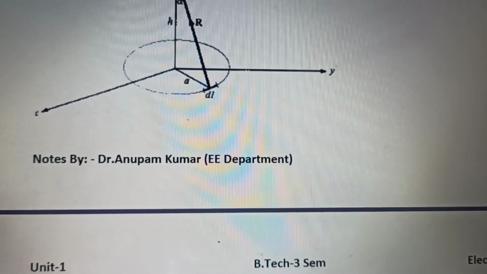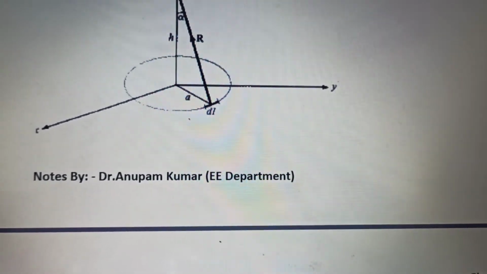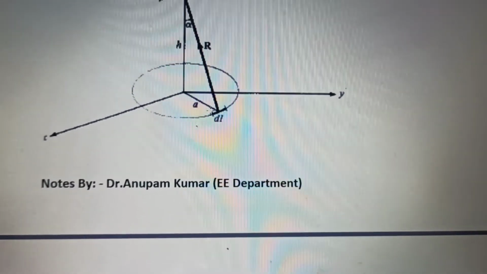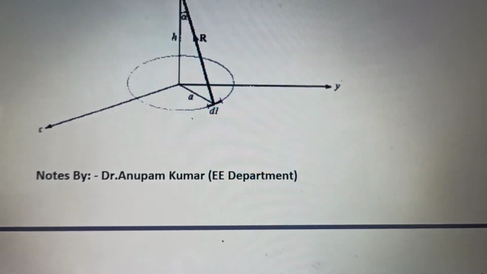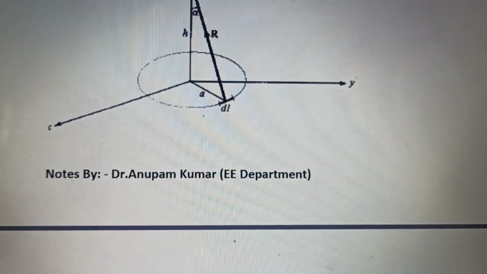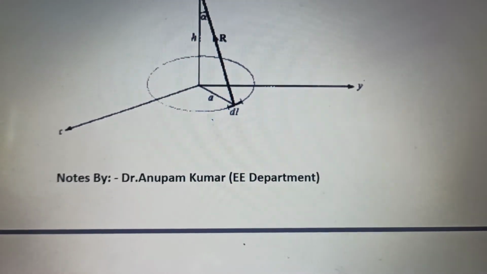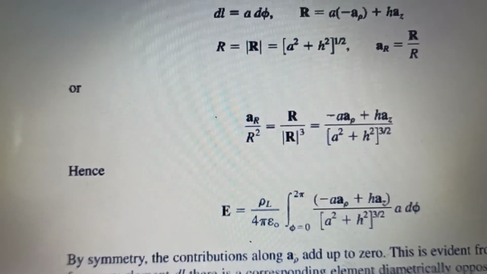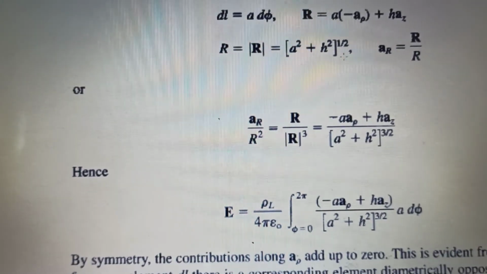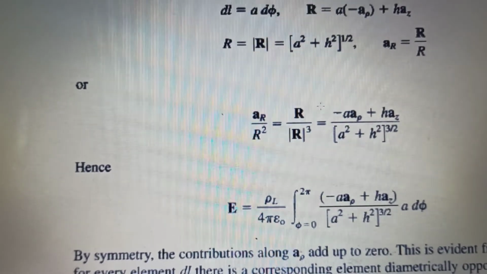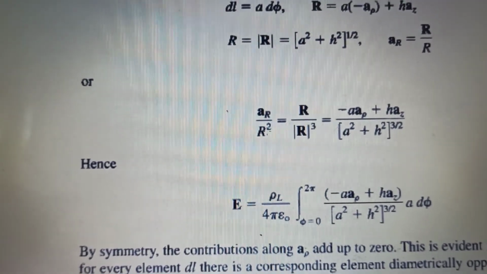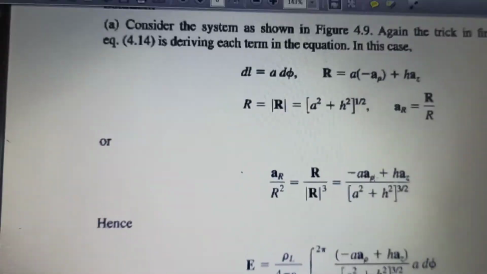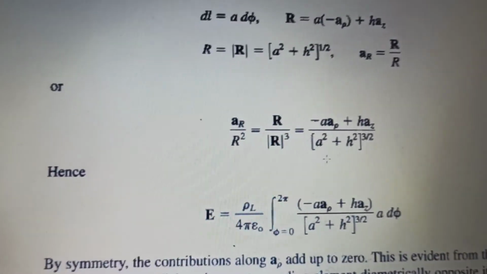If you break R in this direction, there has to be a component of theta, and Z will be h az. It's correct. Now we are going to simply find R, that is a square plus h square raised to power 1 by 2. Now simply divide R vector by R square so that we can get the R cap by R cube term, which is nothing but minus a rho plus h az. This is what we have obtained.